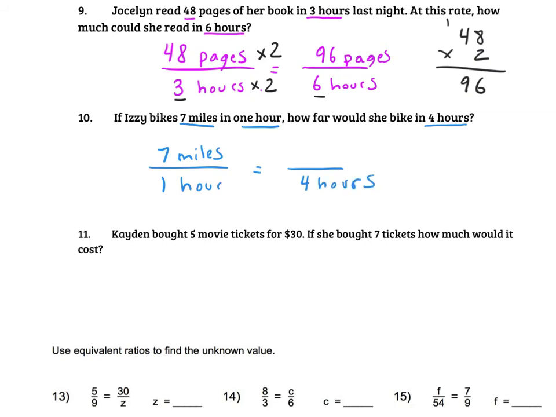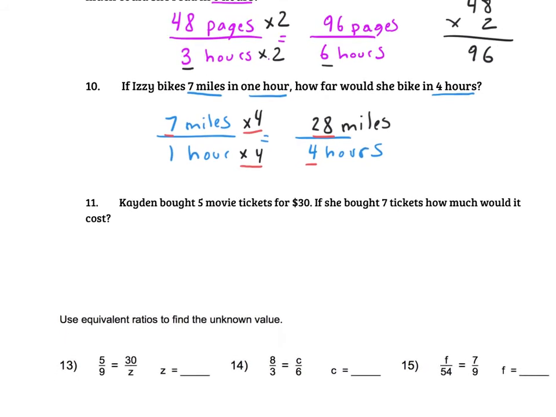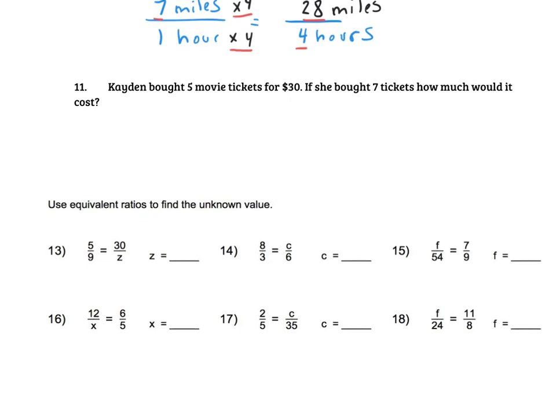What did you get for your answer here? You should have gotten 28 miles in 4 hours, since I can multiply 1 times 4 to get 4. So 7 times 4 gets me to 28 miles. Let's look at our next one here.